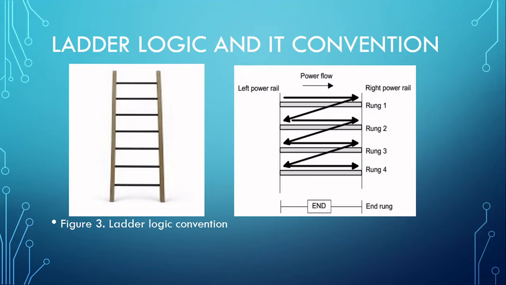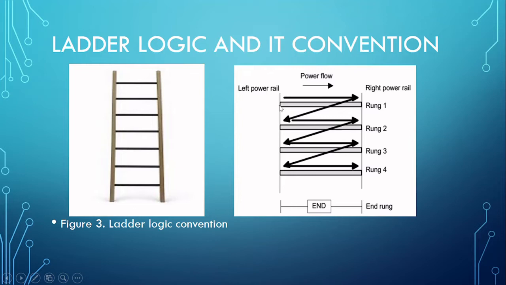Now, each run of your ladder must define at least one operation in the control process. So each run on the ladder must define one operation in the control process of your PLC.